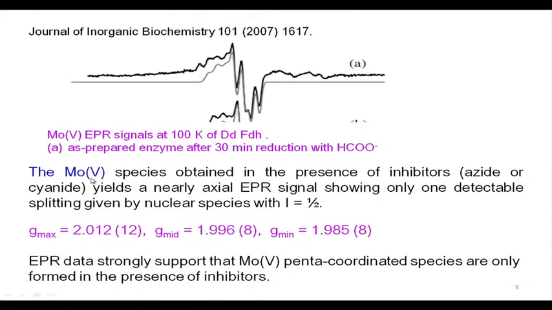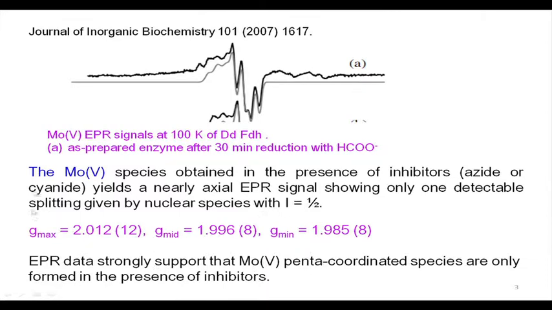So, we get a molybdenum 5 species which is obtained in the presence of the inhibitors, a nearly axial EPR signal showing only one detectable splitting given by the nuclear species with I equal to half. So, when we get a corresponding axial splitting, we do not expect that there is a splitting in these 3 different values, but when there is splitting we get 3 different G values.